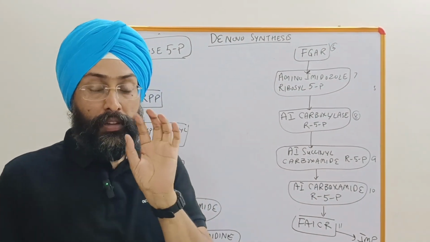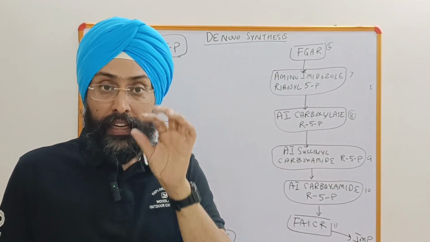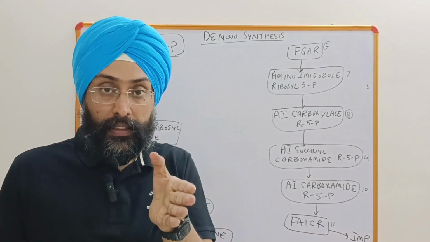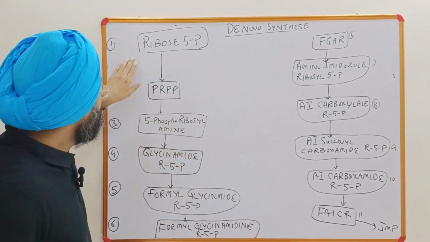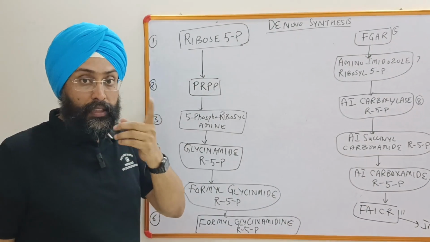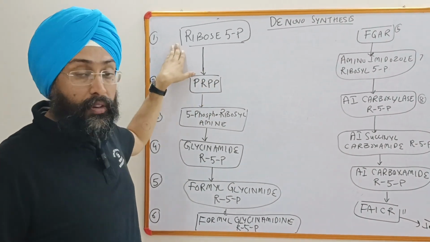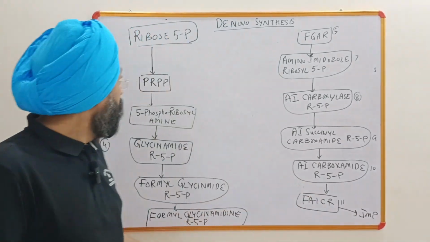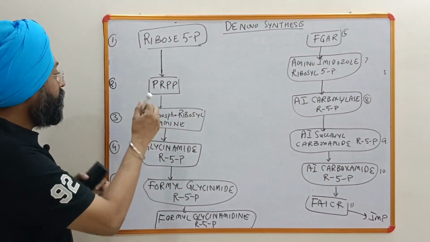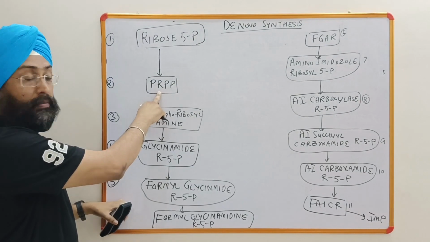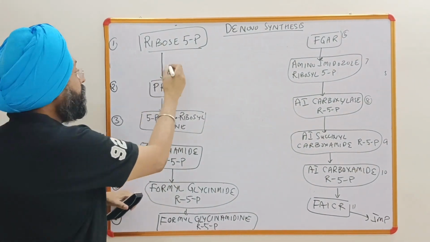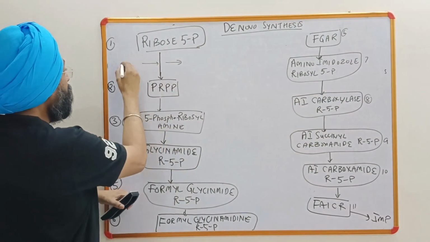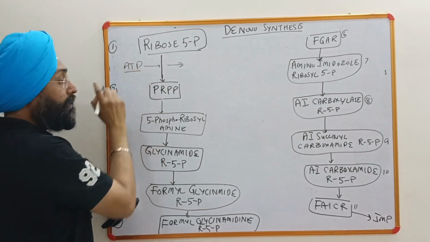To remember them, remember first of all one thing, that wherever ATP is added, the enzyme will be a synthetase, right? So this is the first step. We discussed earlier that ribose 5-phosphate is a precursor for the synthesis of the final product, that is IMP, right? So ribose 5-phosphate is first converted to phosphoribosyl pyrophosphate, and here ATP is added, right?